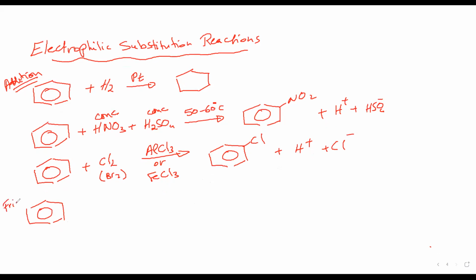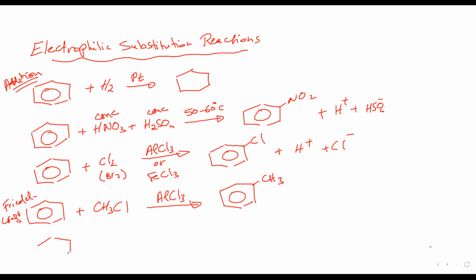We have two reactions that we call Friedel-Crafts reactions. The Friedel-Crafts alkylation means that we are going to add an alkyl group. For example, if I have chloromethane in the presence of aluminum chloride or iron chloride, we get methylbenzene.